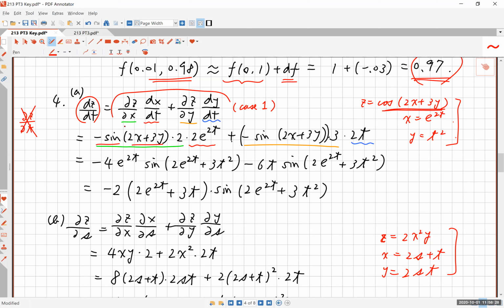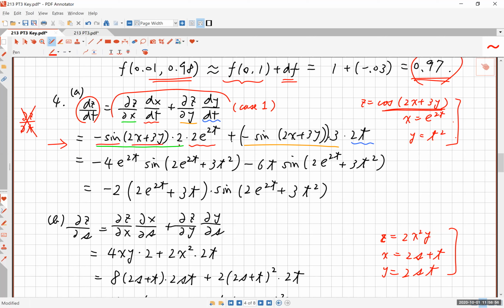This green portion is still represented by green on the next line. The orange portion is represented by orange in the second line, and so on. Anyway, if you find your partial of z with respect to x and with respect to y, which is in orange, and then dx dt and dy dt, you get this line here.